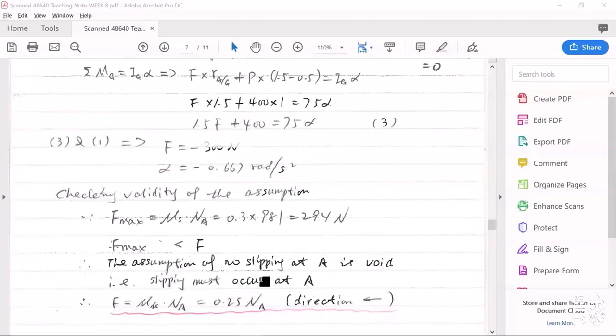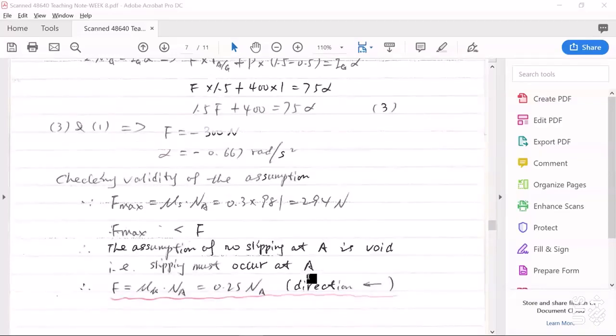So slipping must occur at point A. Then that means at the endpoint A, the friction force must be kinetic friction force. It can be calculated using mu k times NA. By observation, it's easy to know the direction of this friction force should be to left side.